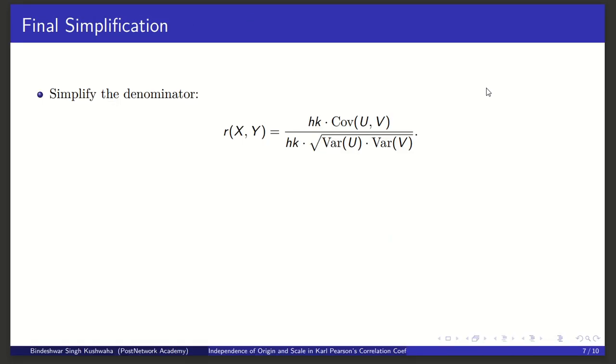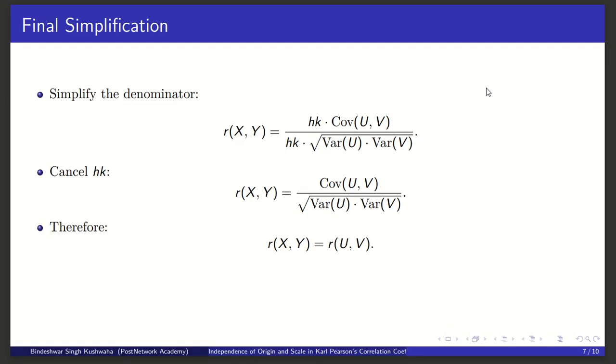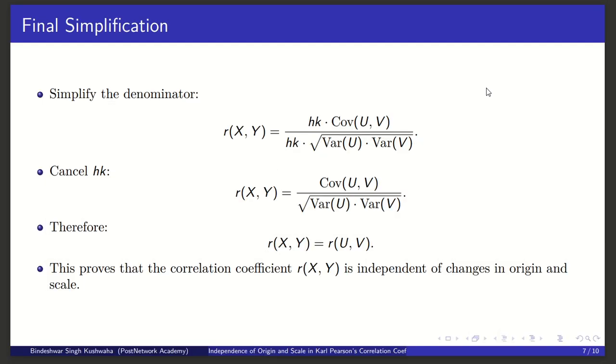Finally you get r xy equal to the covariance between u and v upon the square root of the variance of u and the variance of v. So r xy is equal to r uv. That means the correlation between x and y is equal to the correlation between u and v, and this proves that the correlation coefficient is independent of changes in origin and scale.